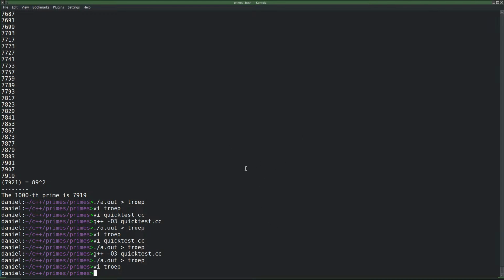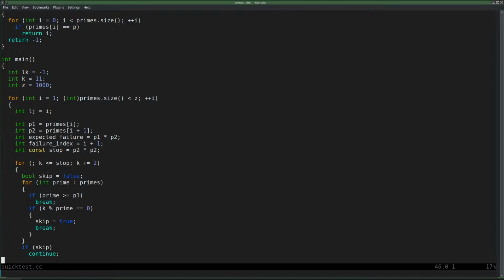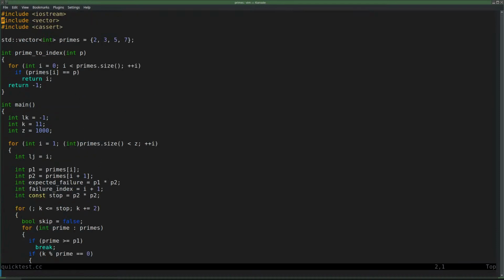Only thing I can show you is if I run this program. The thousandth prime is 7,919. Well, it's fun, but let's say I want to have the 1,000,000th prime. Probably a bit too much output if I do that.